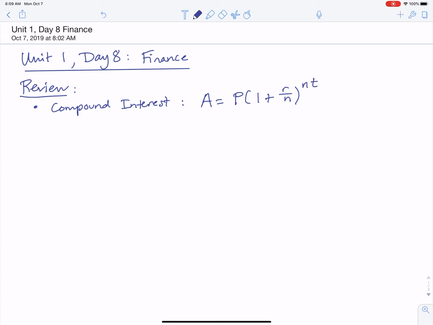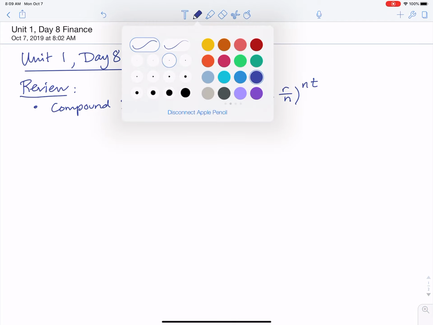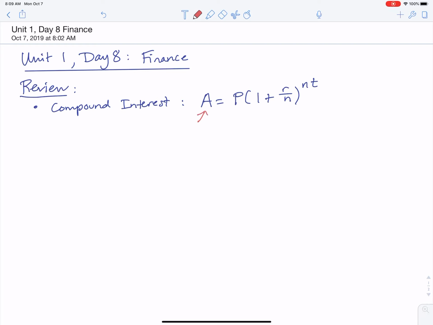And in that formula, A represented your final amount of money. The number on the left-hand side always represents a final amount. On the right-hand side of the equal sign, the number that is immediately to the right always represents your initial amount.